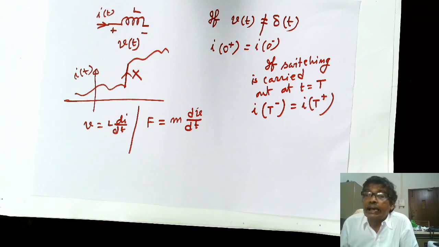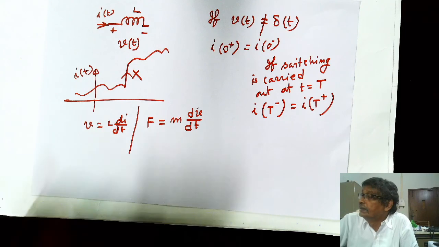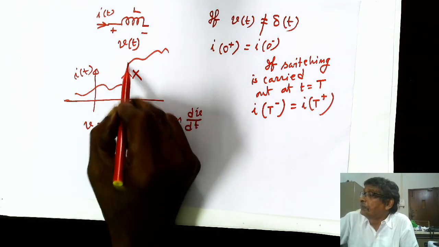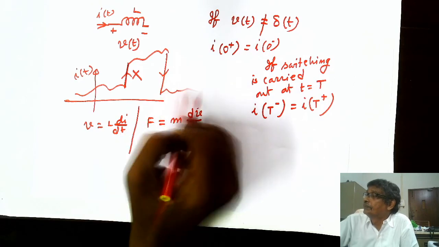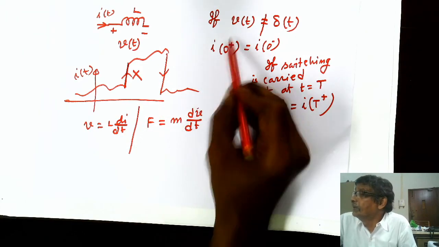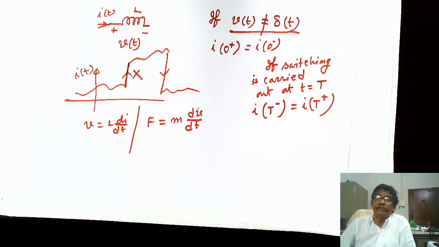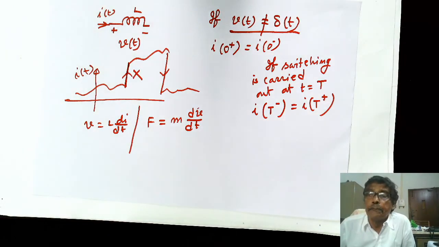While doing that, I found that current through an inductor will never have a sharp decrease like that. No, provided you are excluding the impulse voltage functions. Thank you. We'll continue with this.